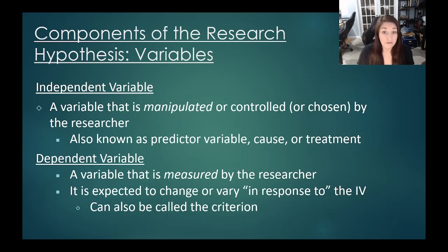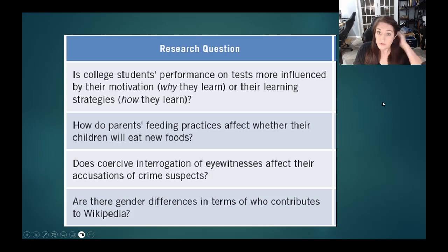They're going to try to figure out how it varies, but it can't be measured until after you're collecting the data, where the independent variable is usually decided upon how it's going to vary before you start. Okay, so measured by the researcher after is the dependent. It's expected to change or vary in response to that independent variable.